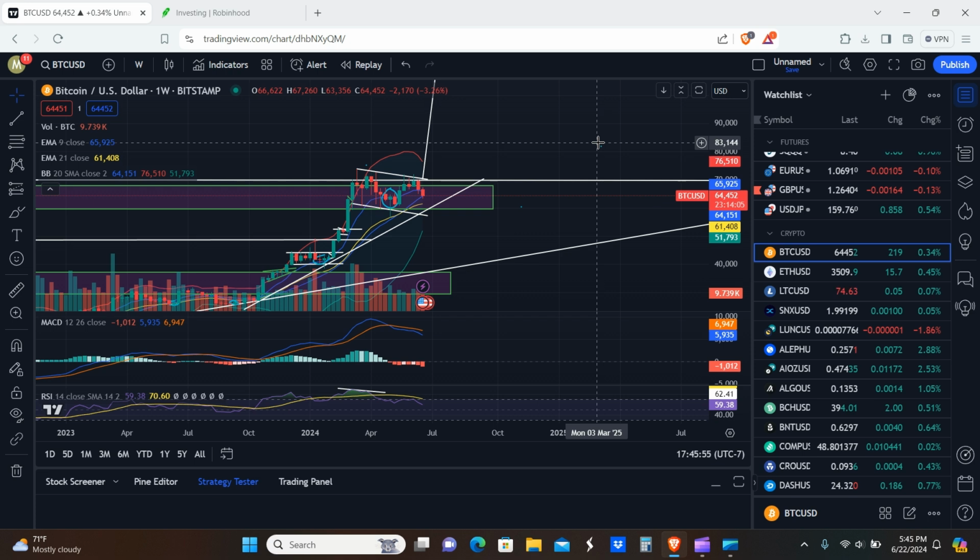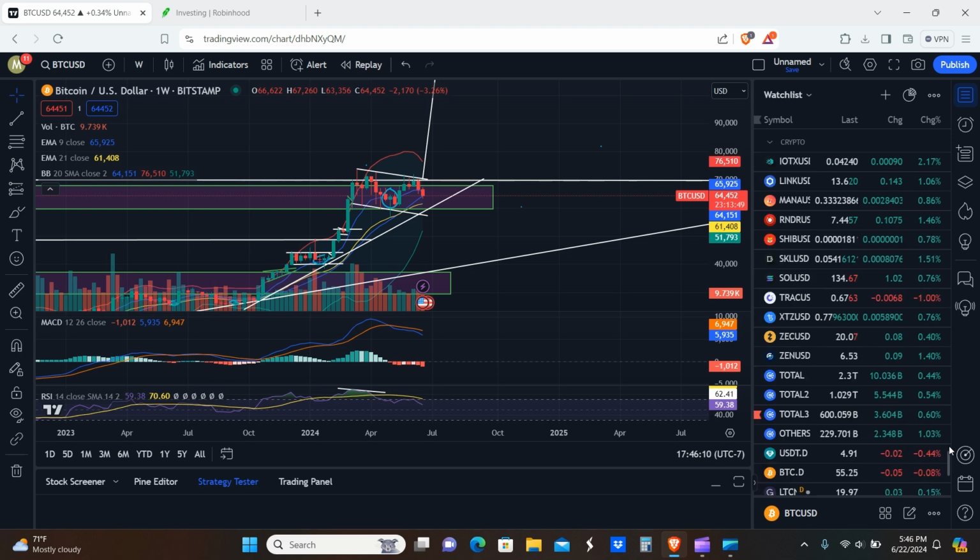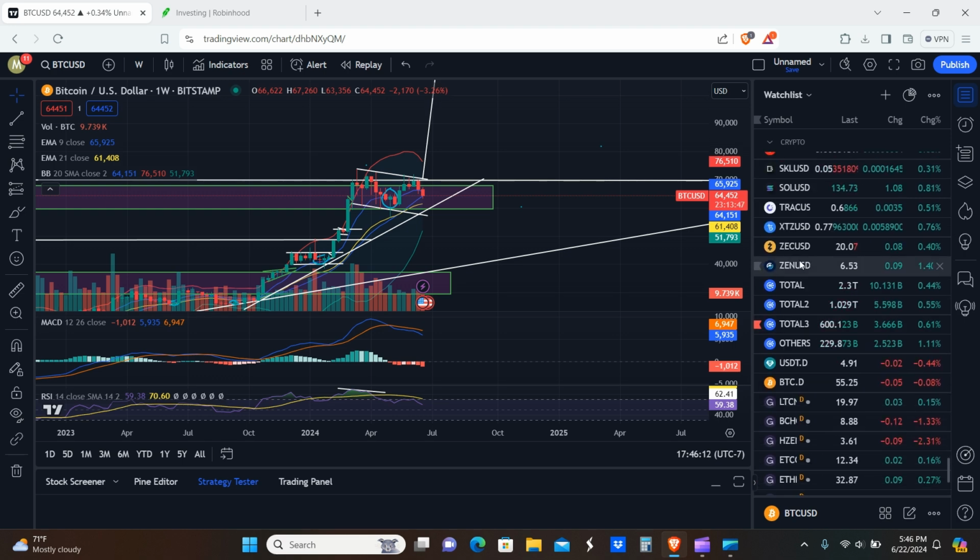And all of the other Grayscale trusts likely will go up either when the spot Ether ETFs get approved and Ethereum goes to all-time highs, and/or when money flows from Bitcoin into the altcoins, which could include Ethereum.